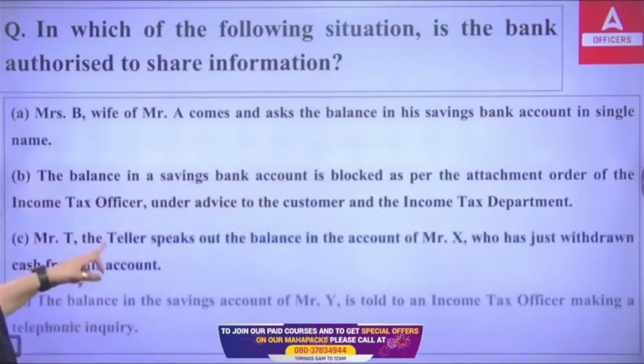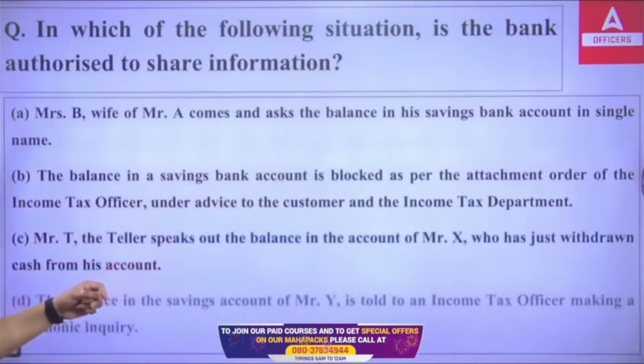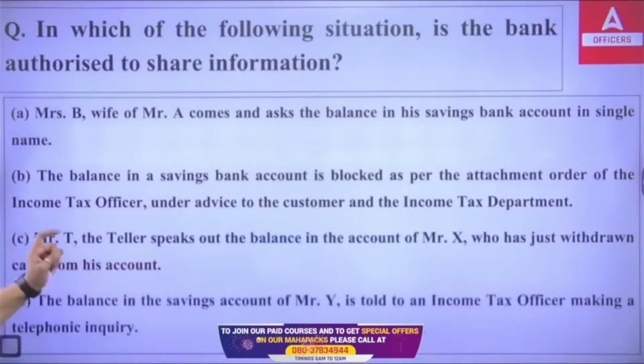Third, Mr. T, the teller, speaks out the balance in the account of Mr. X, who has just withdrawn cash from his account. Fourth, the balance in the savings account of Mr. Y is told to an income tax officer making a telephone inquiry. So what do you think? In which situation is the bank authorized to share information about the customer? A, B, C or D? Which of the following is correct?